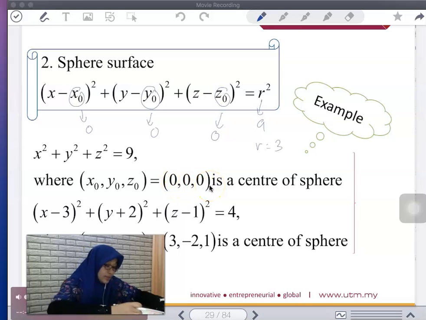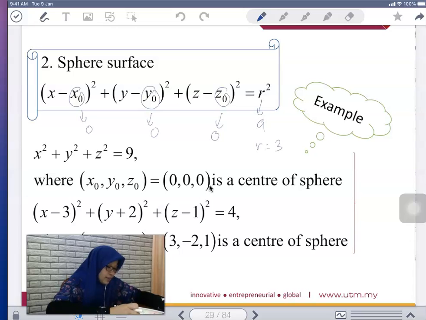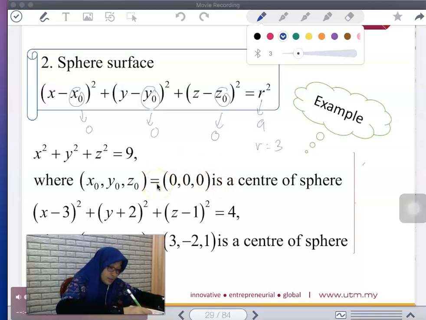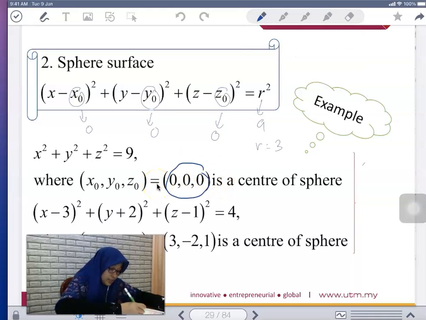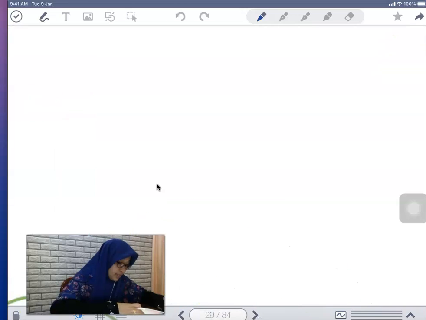How can you sketch the sphere with radius 3 and the center at the origin? We call this the origin.